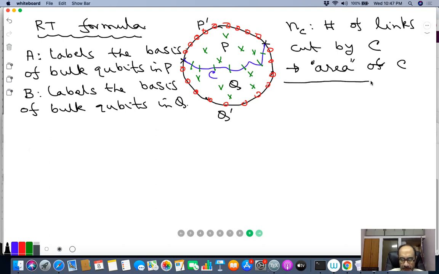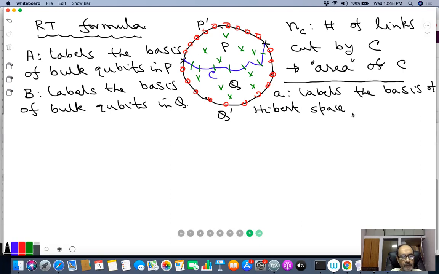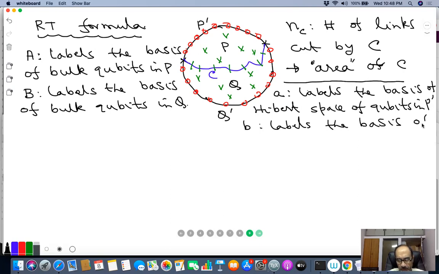Those we will denote by small a, the basis of qubits in P prime, and small b for the basis of qubits in Q prime.